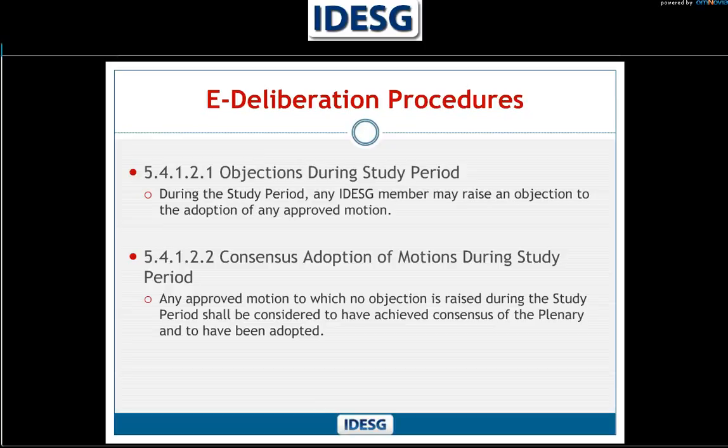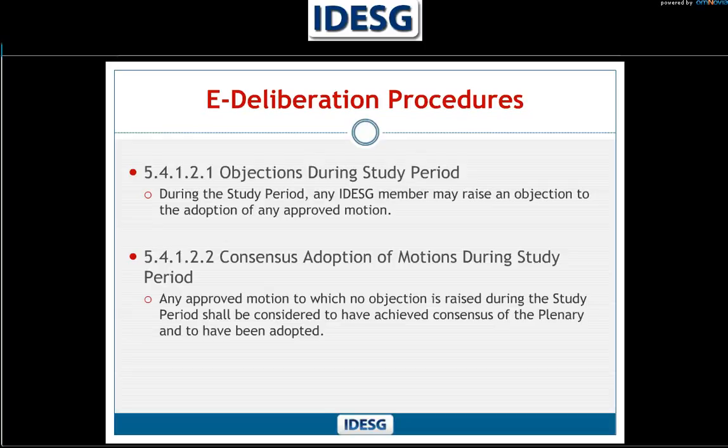So during the study period, any IDESG member may raise an objection to the adoption of any of the motions which were approved by the markup conference. And so the point of the objections is simply a matter of efficiency. If we go through a markup conference, an amendment is approved by the markup conference, and during the 2-week study period nobody objects, we simply don't add that motion to the electronic ballot.